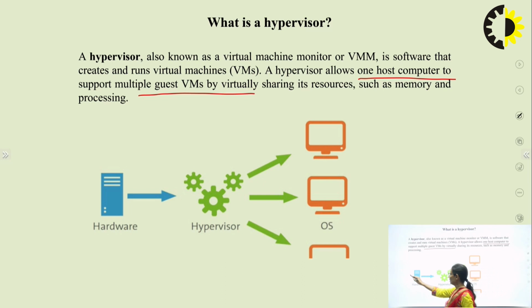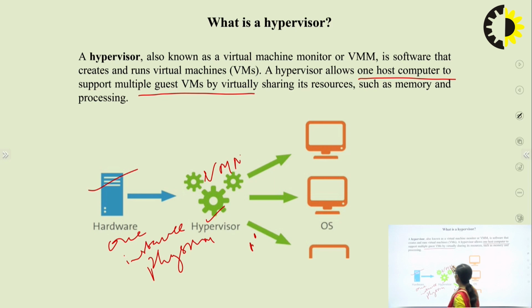Here we have the hardware, which is the only physical instance, and here we have the hypervisor, also known as VMM, and here we have created multiple virtual machines.